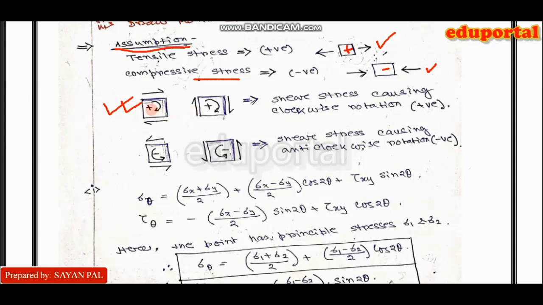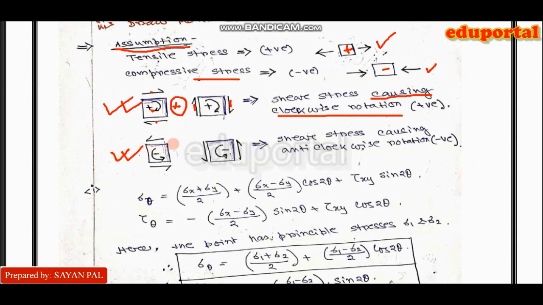If the shear stress rotates the center of the element in clockwise direction, that is causing clockwise rotation at the center, then it is taken as positive. See this clockwise direction, and this also causes a moment in the clockwise direction.